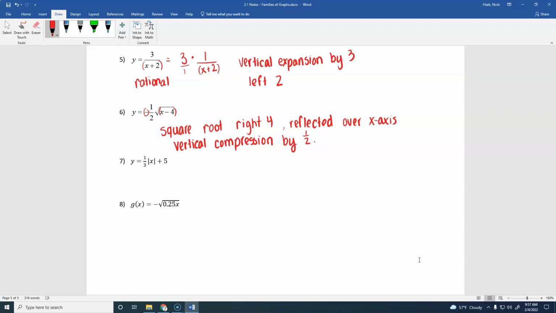I understand the confusion there. But mostly it's because the x-axis is a y equals line, right? So it's dealing with your y coordinates even though it is the x-axis you're flipping over. Good question.